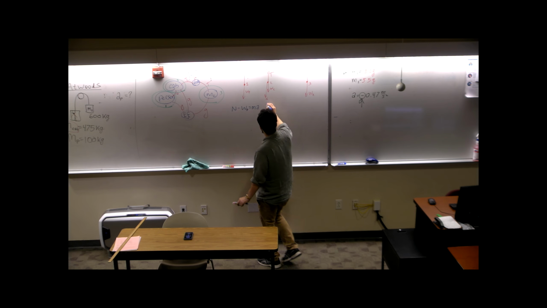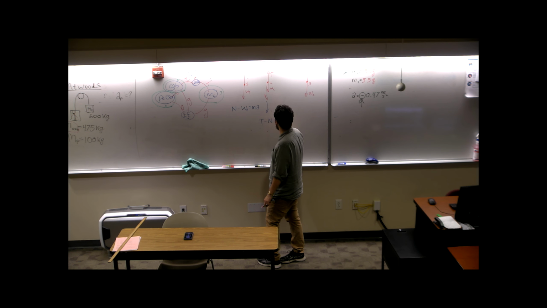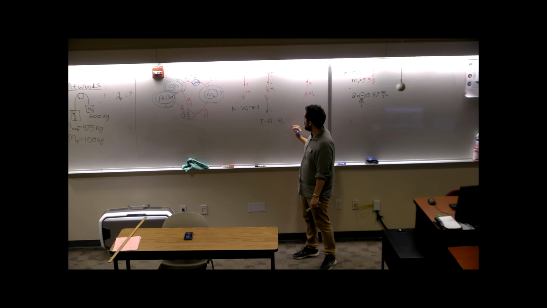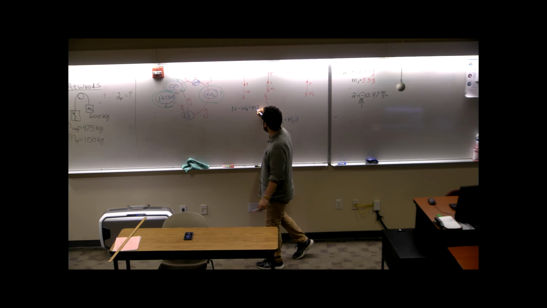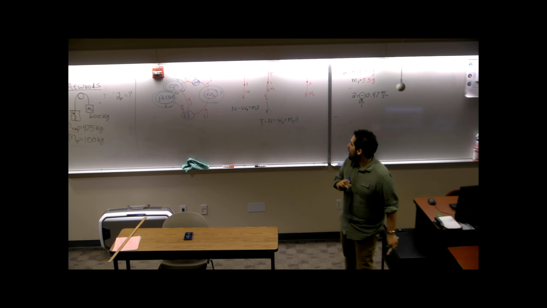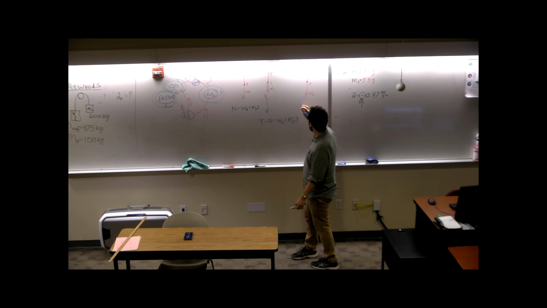From the second free body diagram, tension minus normal force minus the weight of the elevator cab is equal to mass of the elevator cab times acceleration. And then finally, on the far right side, tension minus weight 2 is equal to mass 2 times acceleration.